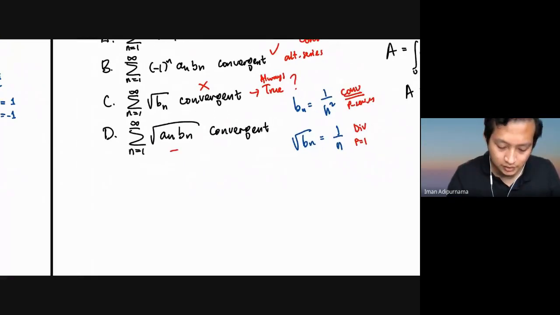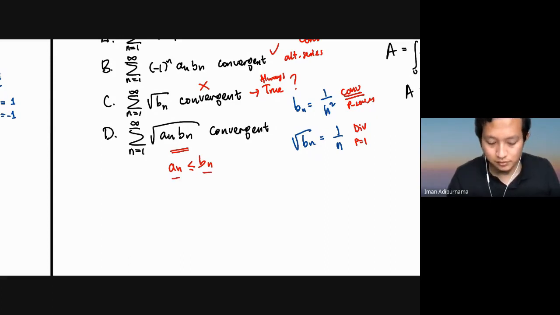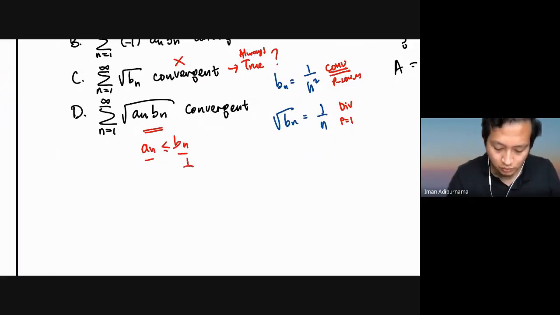But here, remember, an is less than bn, right? Because an is less than bn, whenever you have, for example, bn like 1 over n squared, an should be less than that.